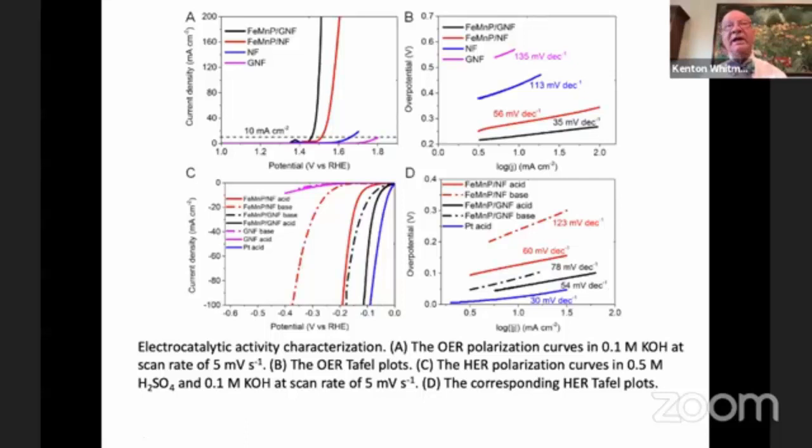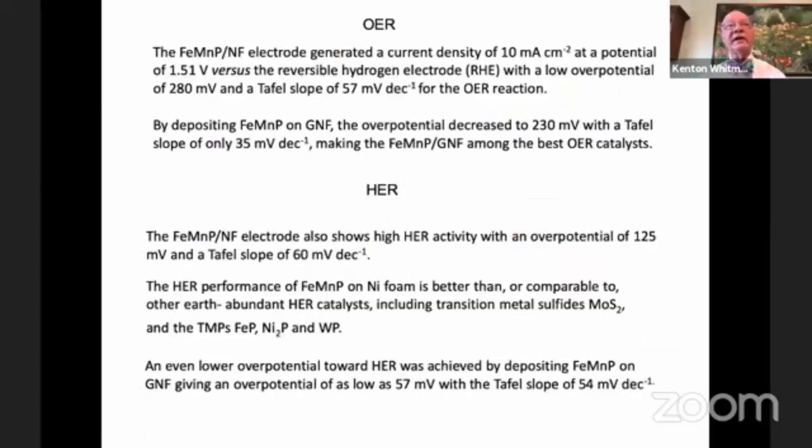The nice thing is that you can do both of these processes now, the HER reaction and the OER reaction, with essentially the same electrode material, which is an advantage.